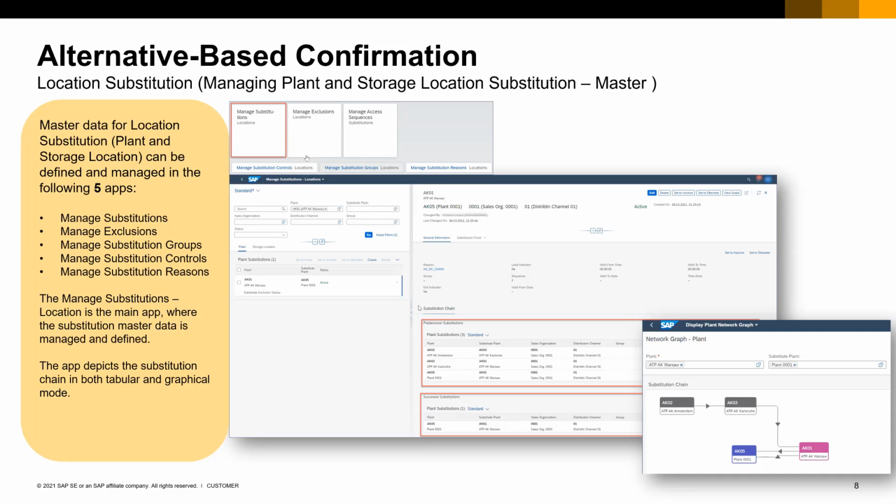So the ABC can be used for scenarios when a storage location should be determined, for instance, because certain requirements which are coming in by certain sales channels or so should be handled or fulfilled out of special storage locations.